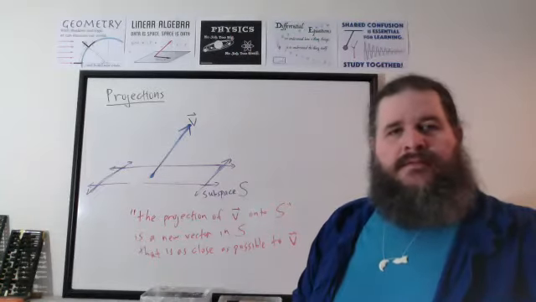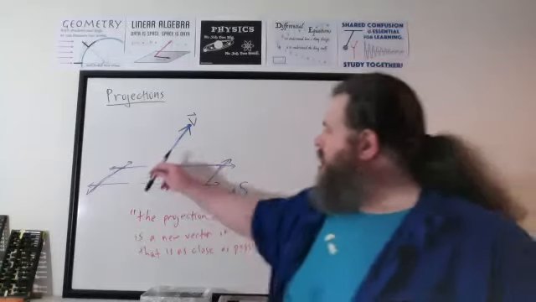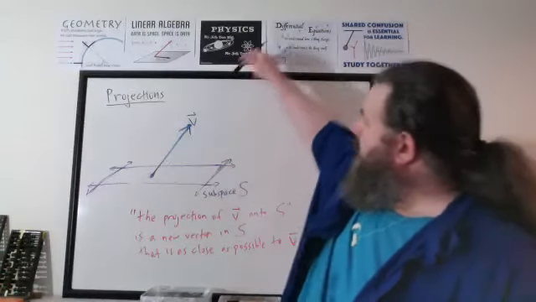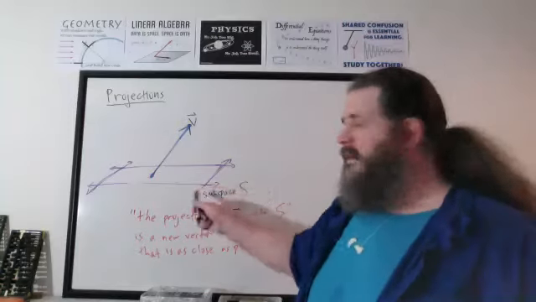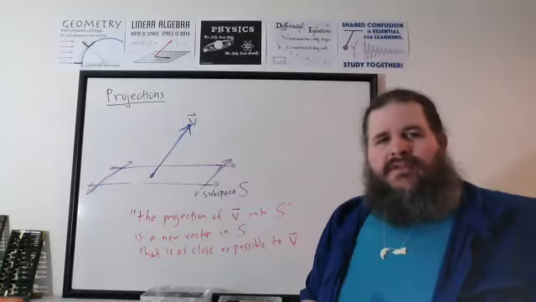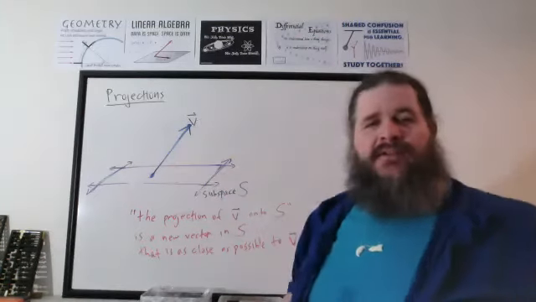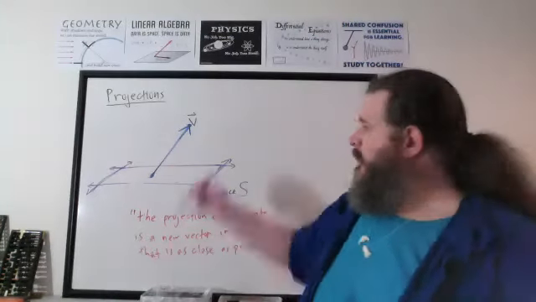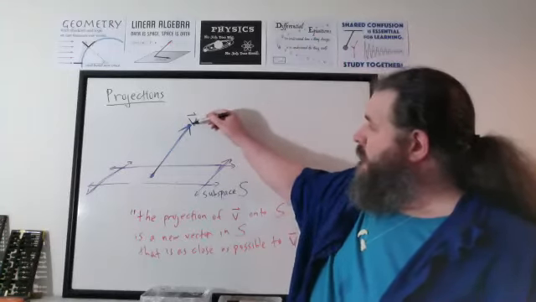Is it like a scalar multiple of the same line? Well, if we take a scalar multiple of this, it's still going to be off the plane. We want a vector on the plane or a point on the plane as close as possible to this point. But if you think of this geometrically, if you wanted to travel from this point to a point on the plane and travel the shortest distance possible, which direction would give you the shortest possible distance to get from this point to the plane?